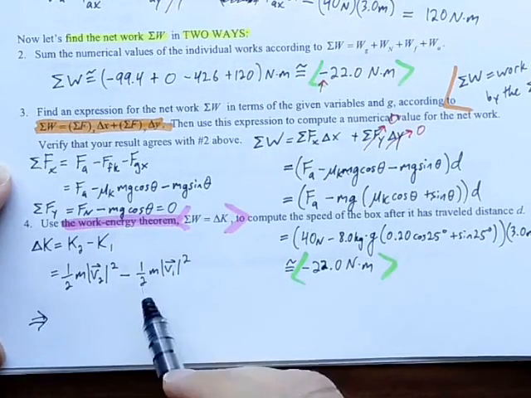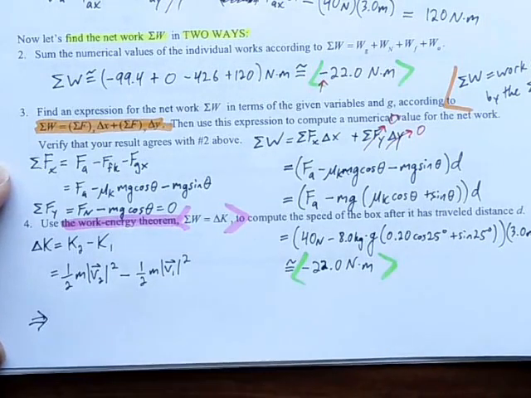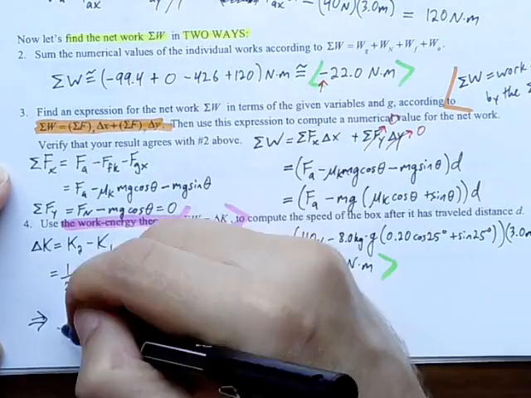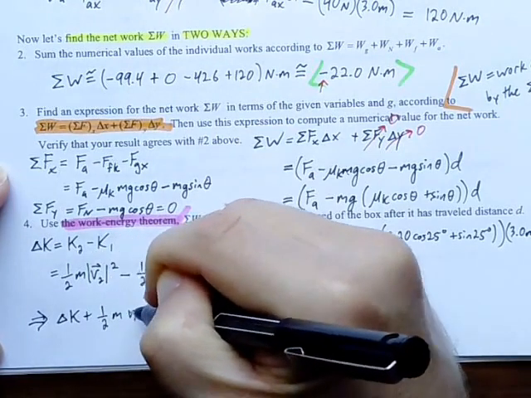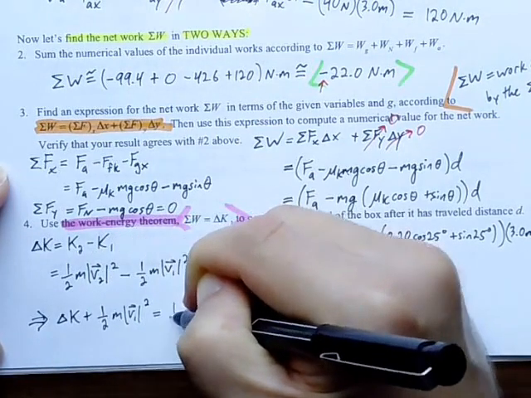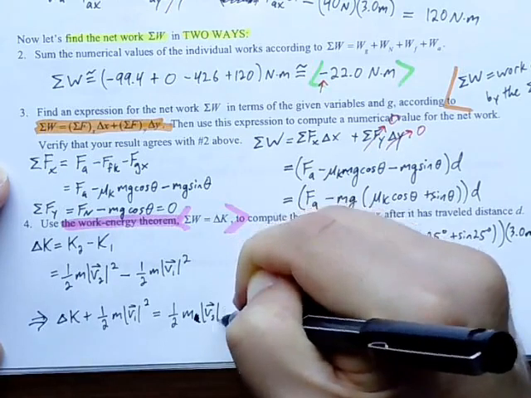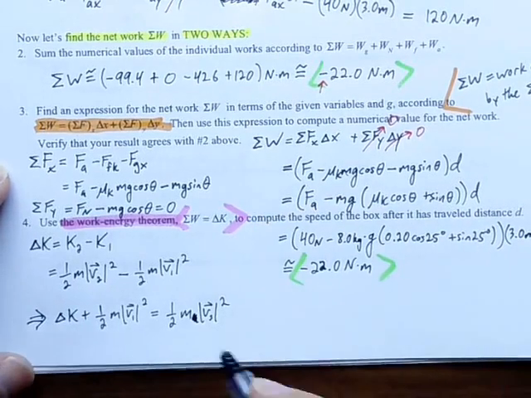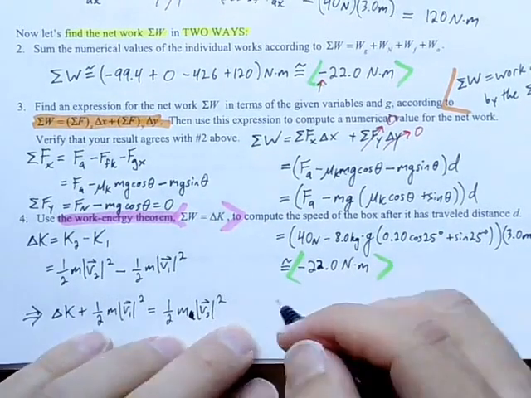So let's see, I can add the 1/2 m v1 squared to both sides, and then multiply both sides by 2 over m. So let's do that one step at a time. This becomes delta K plus 1/2 m v1 squared equals 1/2 m v2 squared. Then multiply both sides by 2 over m and square root both sides.